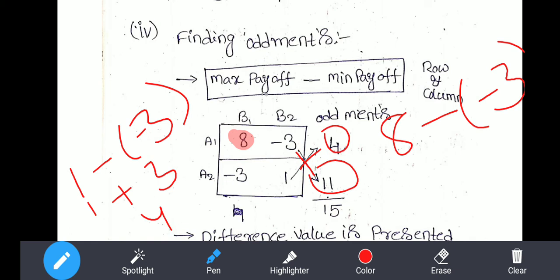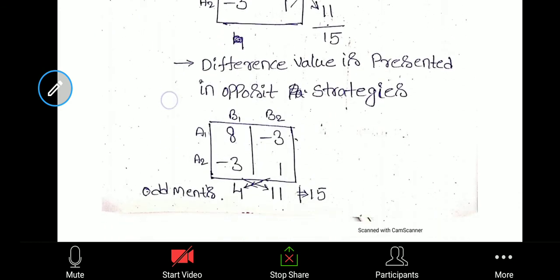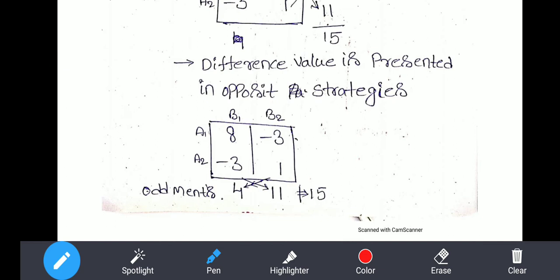In the same way for column-wise also. Before going to the column-wise, the sum of these two, 4 plus 11, will be 15, which can be represented here. Next will be the column-wise. Consider the first column: 8 is the maximum minus -3.